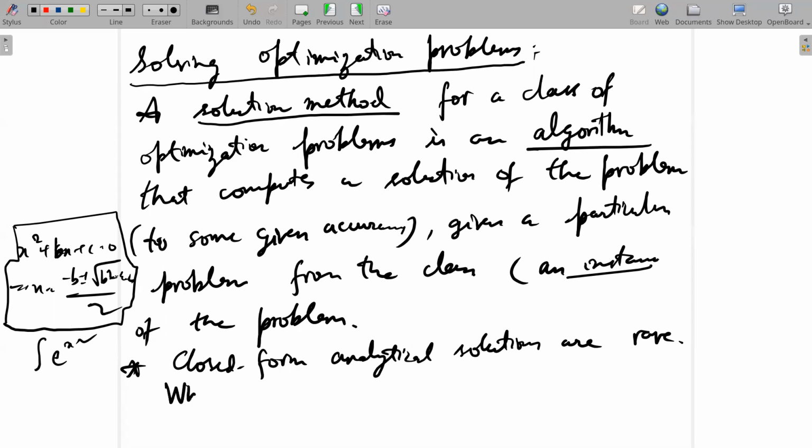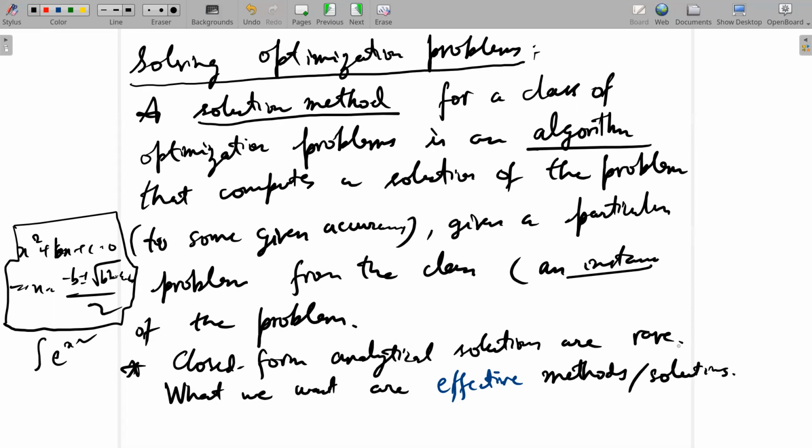What we want are effective methods. I want to stress that word. Anytime you do some applied mathematics, that is what we want: things that will work in practice. So effective methods or solutions to our problem. Effective means it should run within a stipulated time, and that depends on how frequently we want to use it.